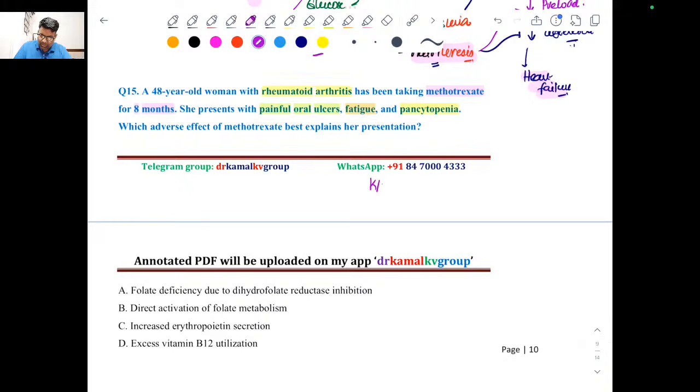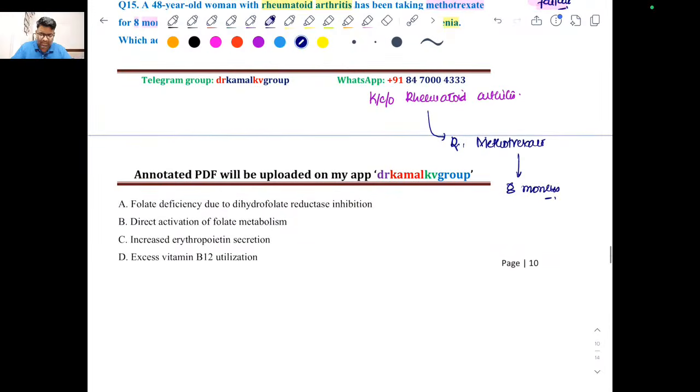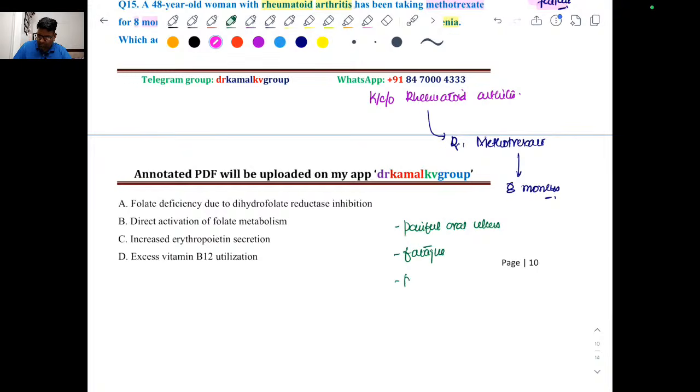So, the lady is a known case of rheumatoid arthritis on methotrexate for 8 months, and now some complications have come: painful oral ulcers, then fatigue and pancytopenia.